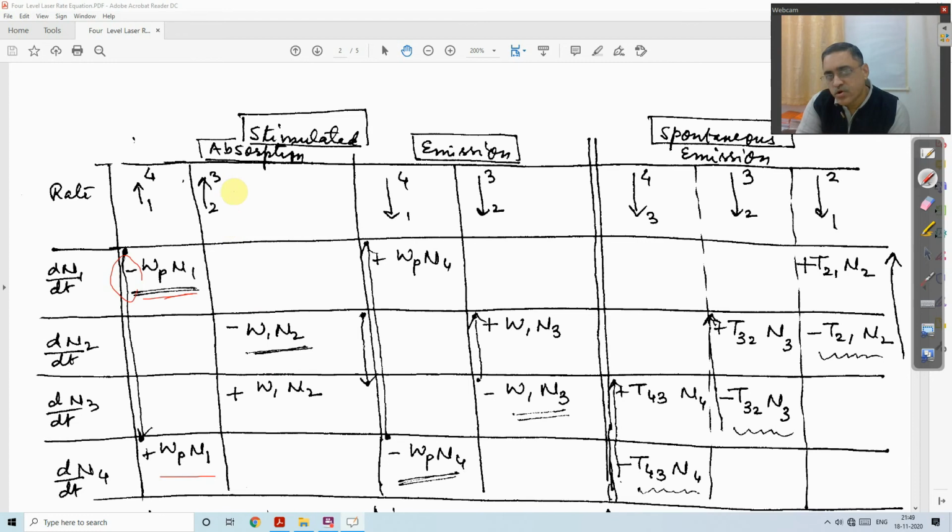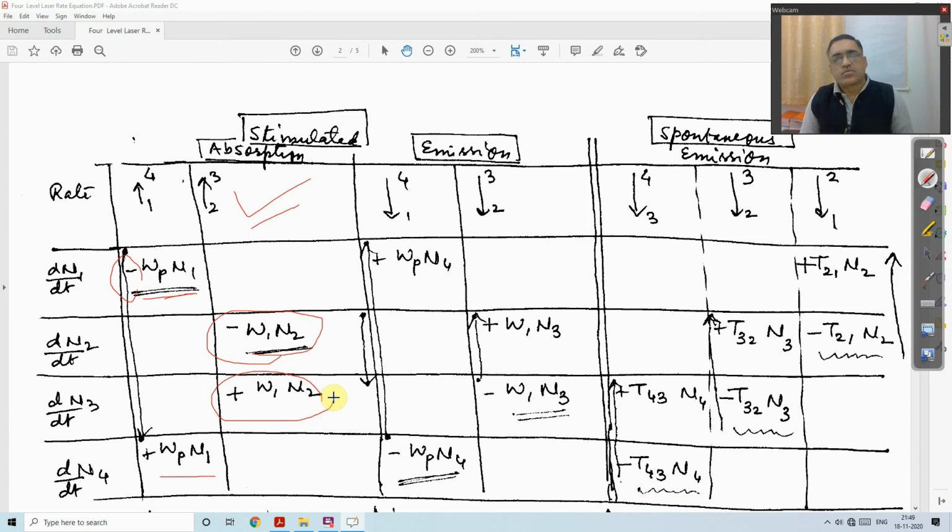When we talk about 3 and 2, we see the radiation lifts from level 2 to level 3. So level 2 depletes and an amount is credited to level 3.